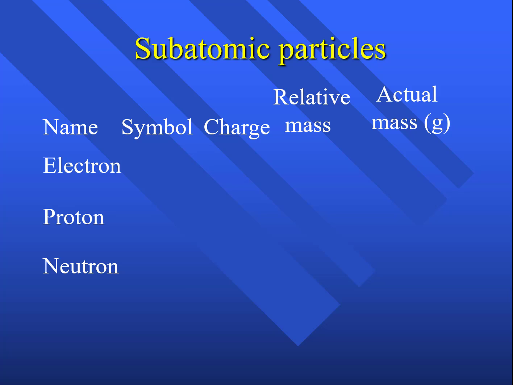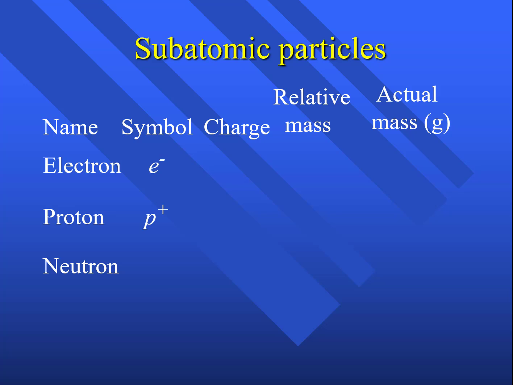So electron, its symbol is lowercase e with a negative sign. When scientists are too lazy to write electron, they write lowercase e with a negative sign. Its charge is negative.